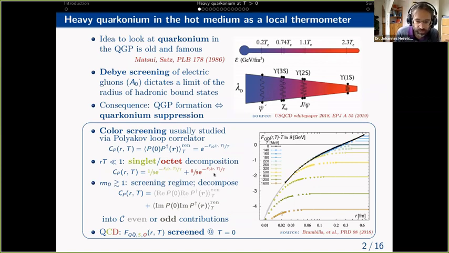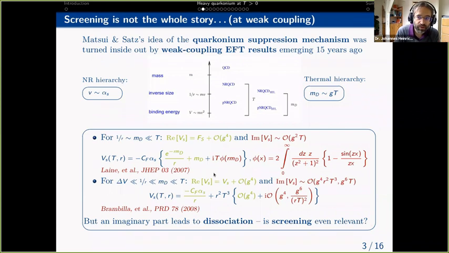Now, 15 years ago, roughly, these ideas by Matsui and Satz were shaken up when complex potential results based on some EFT calculations emerged. We heard something from Peter already. The first calculation that was published was by Laine et al. It relied on the effective field theory called electrostatic QCD, where you assume that it's valid for inverse distance being of the order of the Debye mass, which is parametrically much smaller than the temperature.